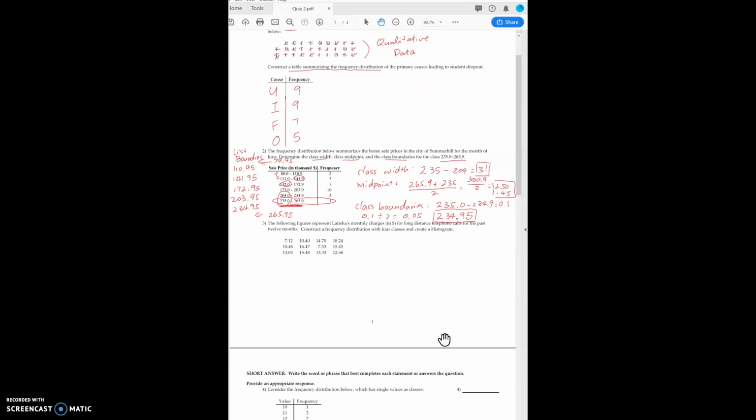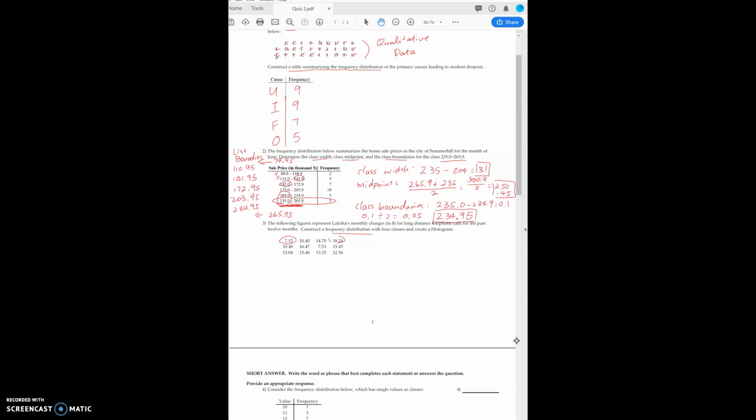Number 3 is talking about the monthly charges for the cell phones for the past 12 months. We're going to construct a frequency distribution with 4 classes. With 4 classes, we can identify the smallest one is $7 something and the largest number is 18.24. I'm going to round it.